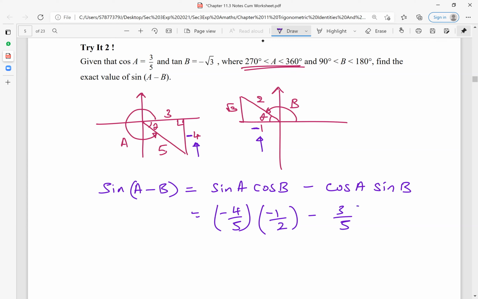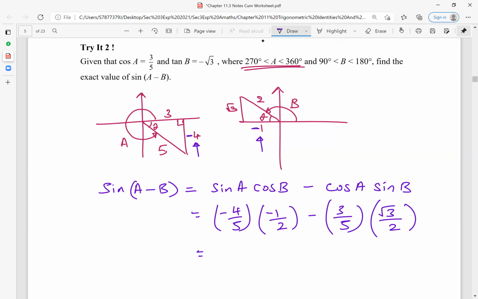Yeah, it's direct, right? I don't know why you're taking too long. Sine B? Akilan, what is sine B? Square root 3 over 2. You are correct. Okay, it's positive, huh?